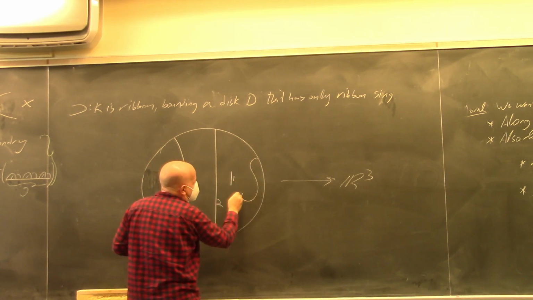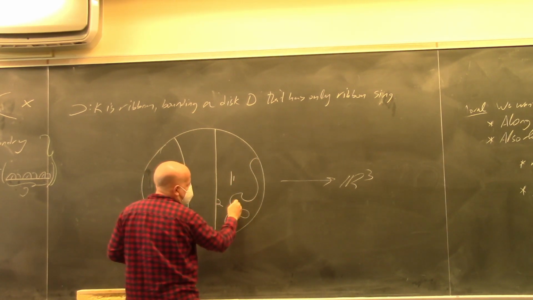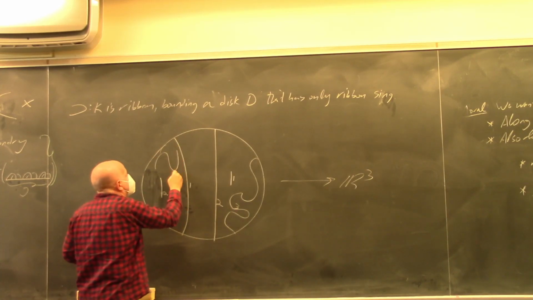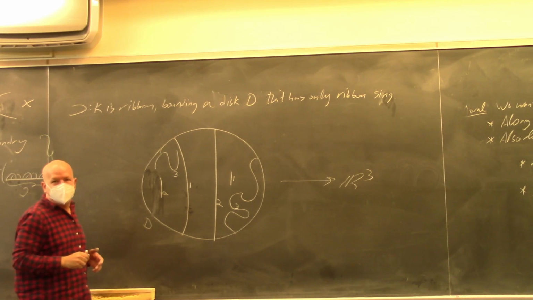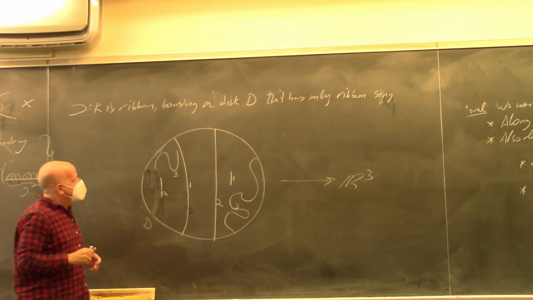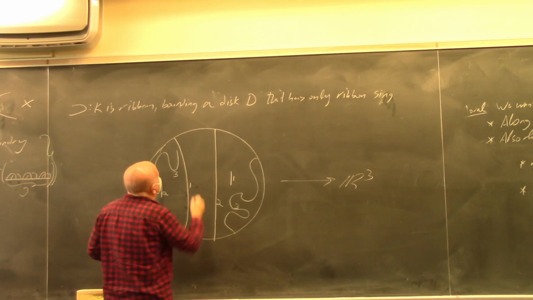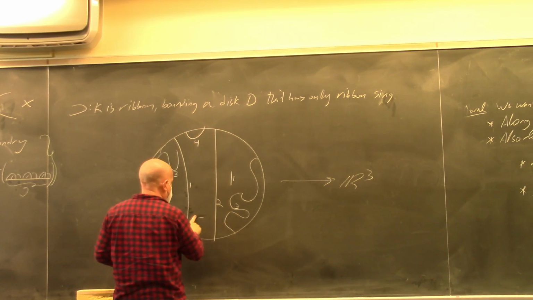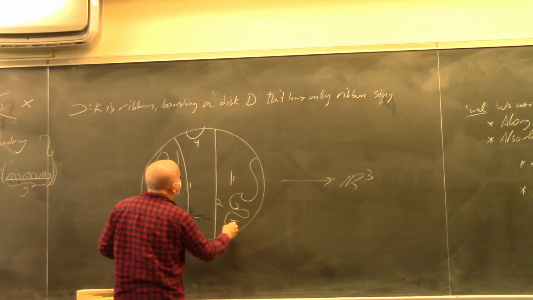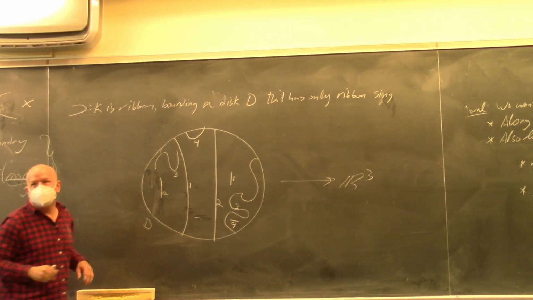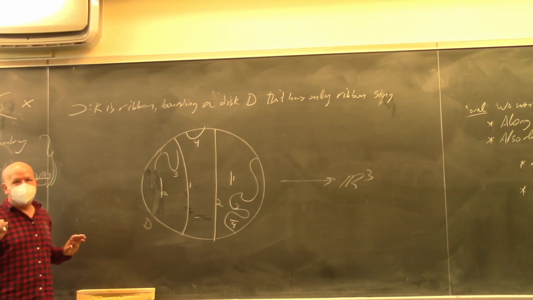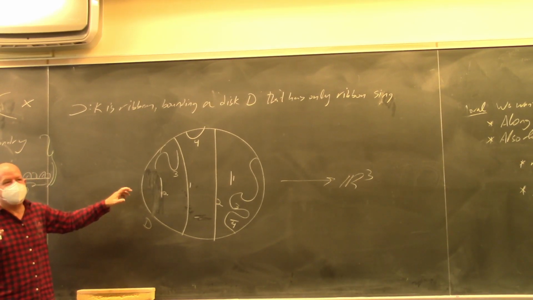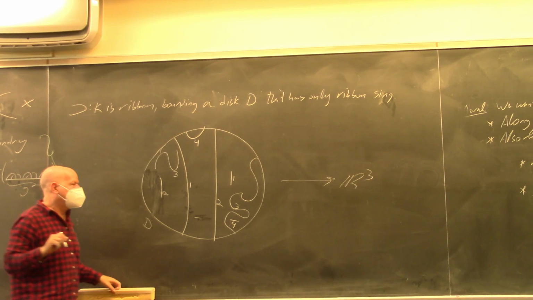So there could be line number 3, which is paired with line number 3 here, and there could be number 4, which is paired with number 4, and so on. So that's the domain space picture of a ribbon knot.